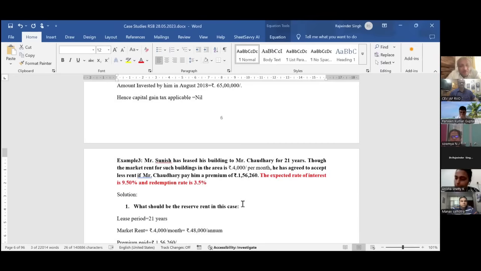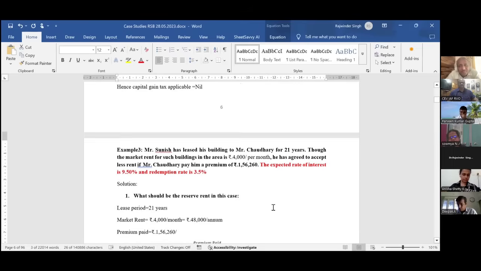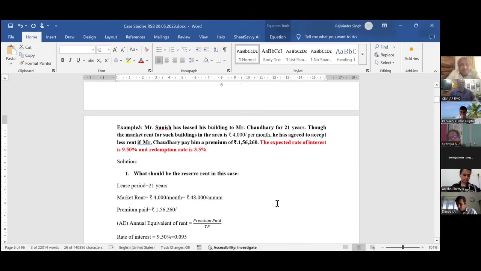Sir, in sinking fund, the redemption rate is 3 to 4%, and the accumulated amount is kept in bank. So the corpus of sinking fund will be more than required. Basically, if we assume it will remain the same, that is how the formula has been derived.